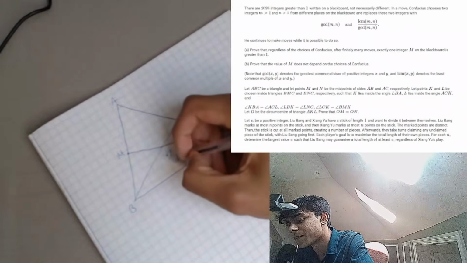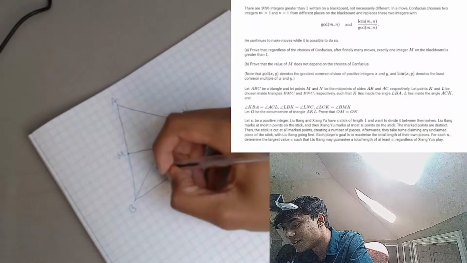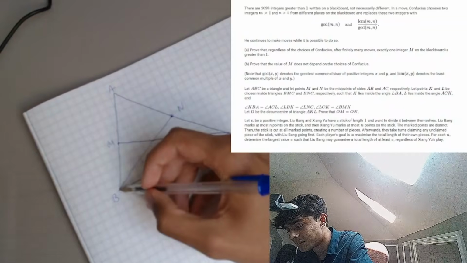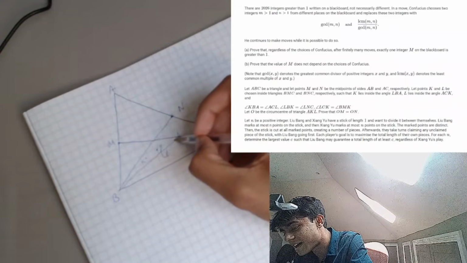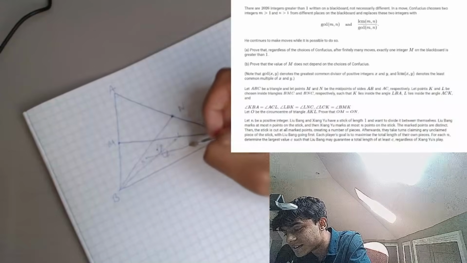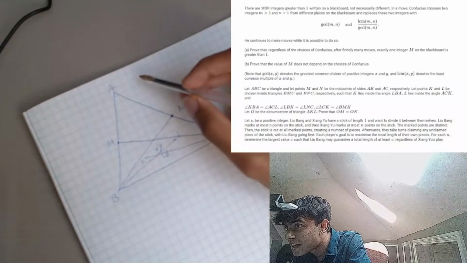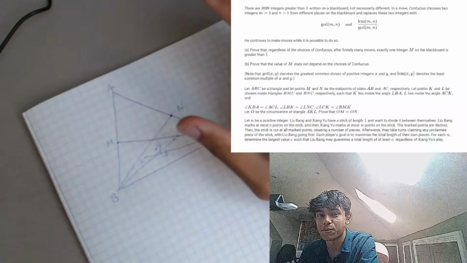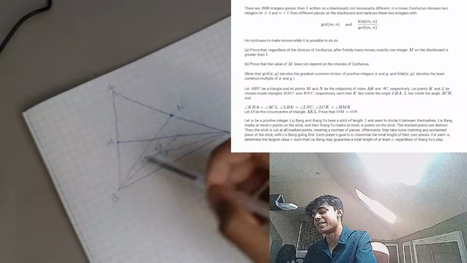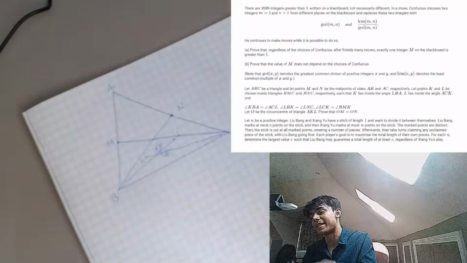Oh, fine. So you have K like this, and L like this. So K is inside the angle ABL, and L is inside the angle ACK. Okay, yeah, fine. So we can find points K and L.